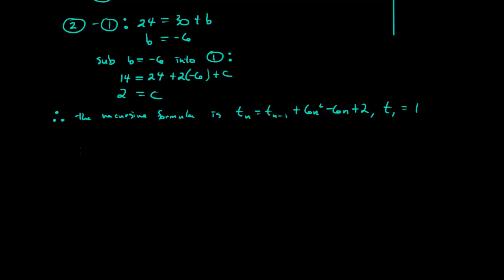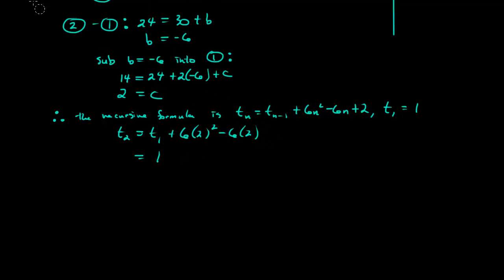So let's go ahead and see if we can calculate the second term in terms of the first term, just as a way to verify that what we've done is correct. So we've got that t sub 2 would be equal to t sub 1 plus 6 times 2 squared minus 6 times 2 plus 1. T sub 1 was 1, so I've got that, plus 2.